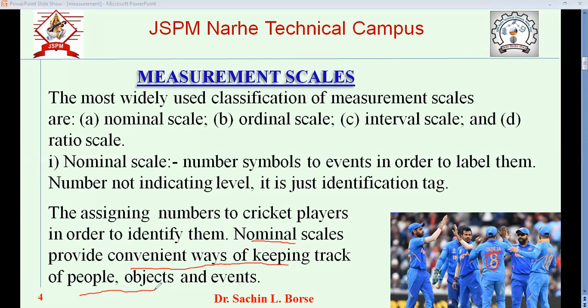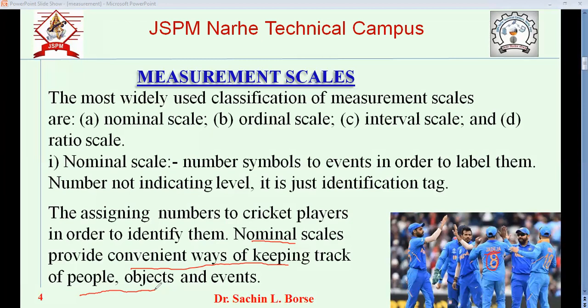Even the buses will have some identification number. I'm not talking about the nameplate, but inside they will place that this bus number is this and this. So that is a nominal scale. It has nothing to do, its only purpose is to identify.